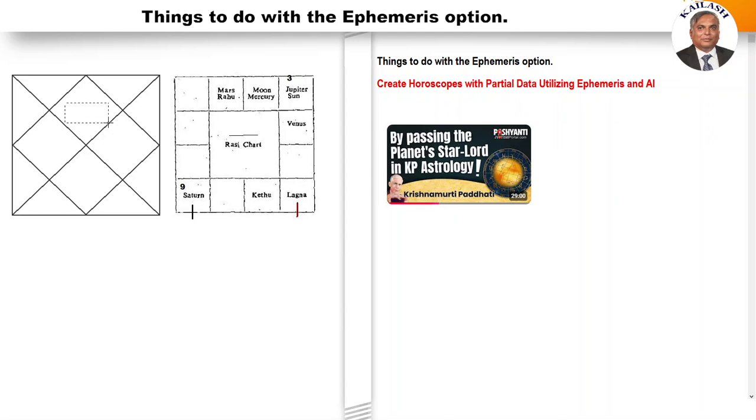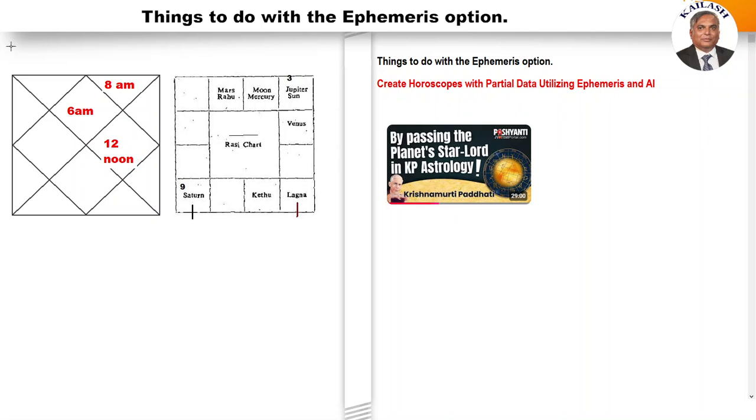When the sun is here in the ascendant, it's usually 6 a.m. in the morning. And just keep on adding about 2 hours. So it is 8 a.m. And then here it will become 12 noon. So this is how you just keep on adding 2 hours.